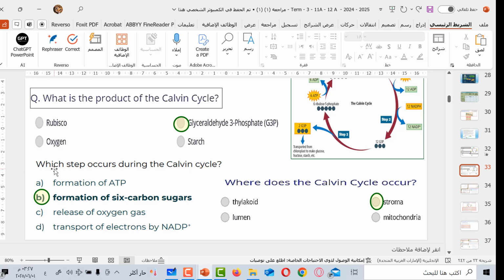Which step occurs during the Calvin cycle? Formation of 6 carbon sugar. Okay, formation of 6 carbon sugars. This one. Formation of ATP? No.